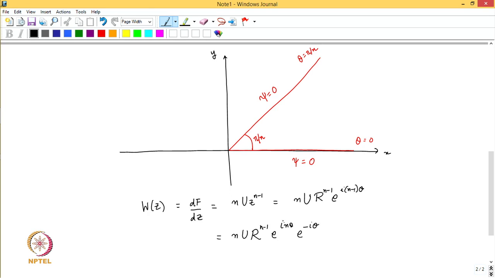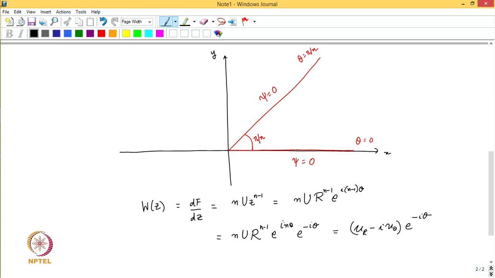That is what e to the power i (n-1) theta would look like, and I am doing this for the obvious reason that I want to calculate the radial and the angular velocity components from this equation. So, I need a minus i theta for obvious reasons. All right.